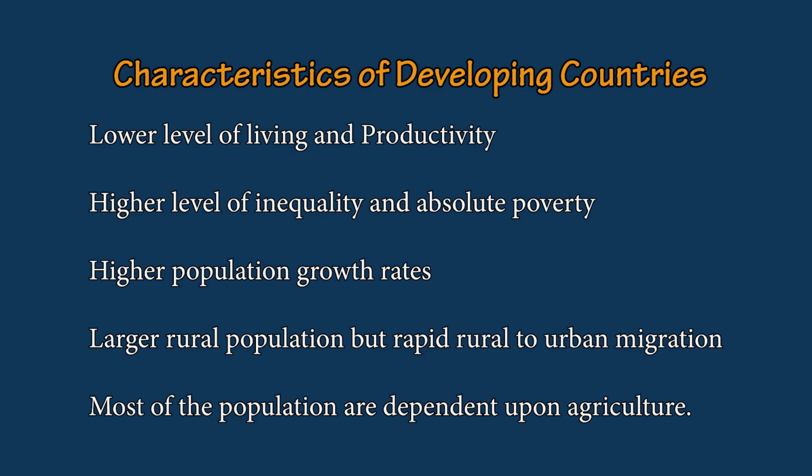So the number of poor people would be higher in a developing country. Population growth would be quite high, with a larger rural population and rapid rural to urban migration, and most of the rural population would be dependent upon the agriculture sector. So these are a couple of characteristics of developing countries, right?